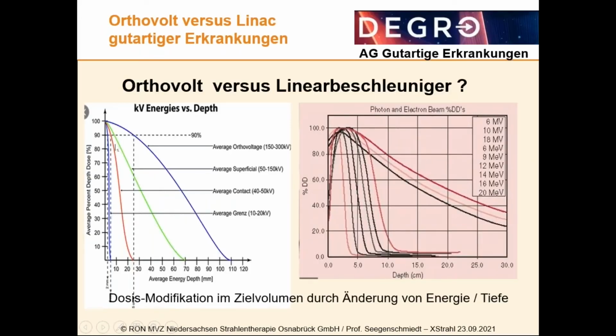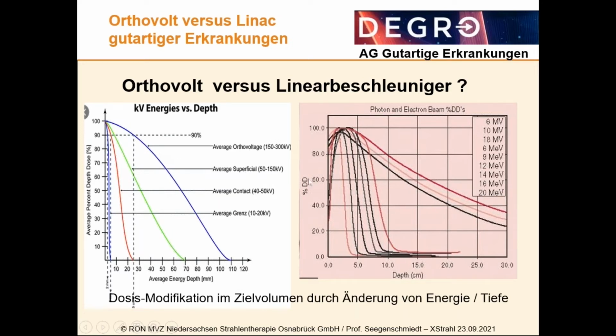Here you can see the different depth isodose curves for different energies. And with regard to electrons and orthovolt energies, the depth structures are pretty similar, with some differences in the first 1 to 2 centimeters, with some lower doses at the surface for electrons and with higher doses at some other depth structures.